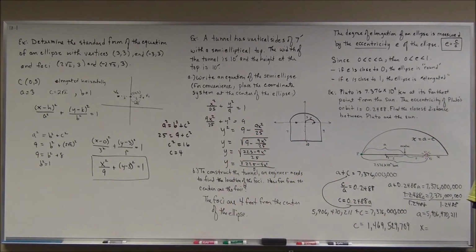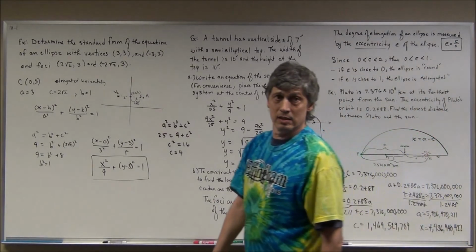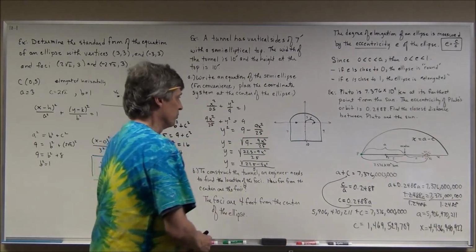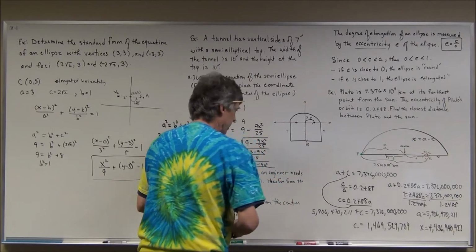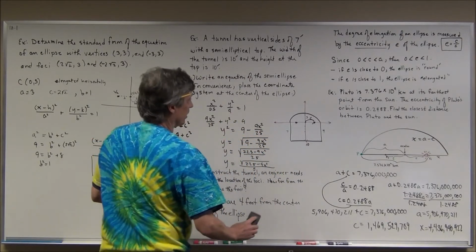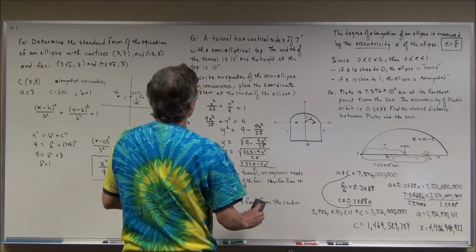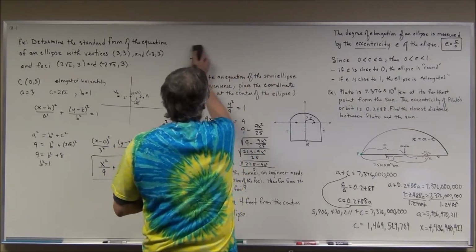I'm going to go ahead and do it, and I get 4,436,940,422, and this is in kilometers. Can you see that? Oh, barely, but you can see it. So now, since it's a story problem, and I'm out of room here, I'll just bring my answer right up here.